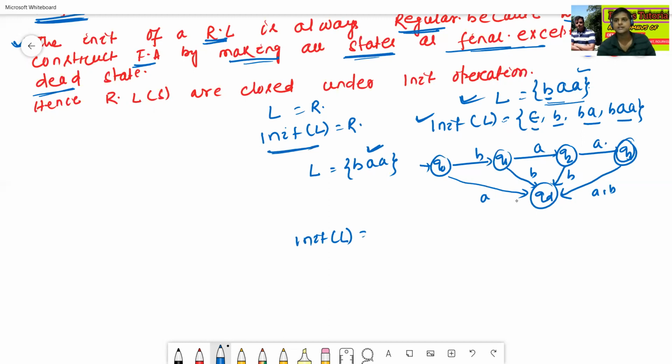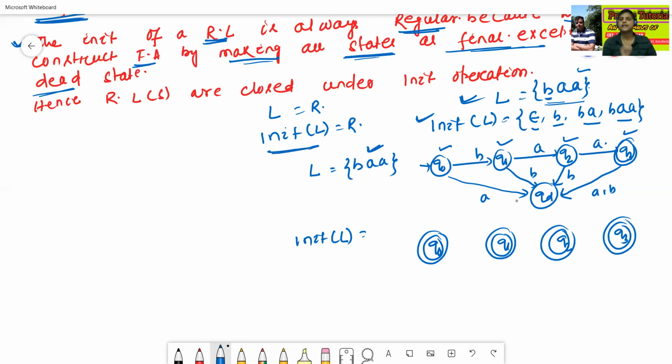I'll just make Q0, Q1, Q2, Q3 as final states. Q0 as final, Q1 as final, Q2 as final, Q3 as final, by making all states as final except the dead state, because the dead state is always a non-final state.